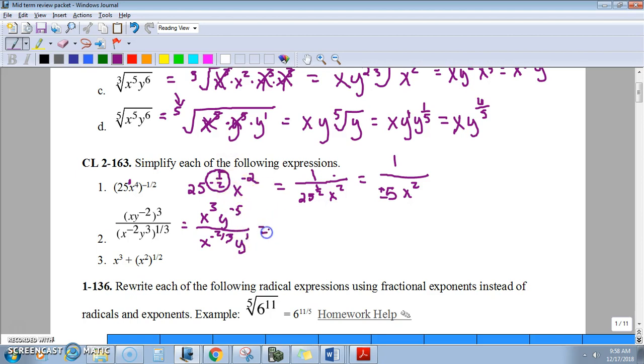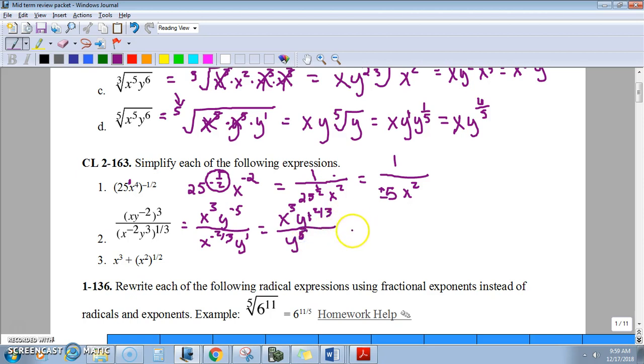Now I'm going to flip anything that's a negative exponent and put it on the opposite side of the fraction. So my numerator is going to be x cubed y to the positive 2/3 power over y to the positive 5th power times y to the 1st power, which is going to be y to the 6th power.